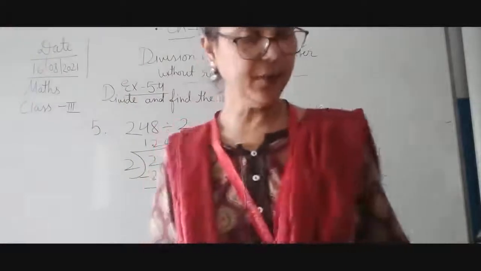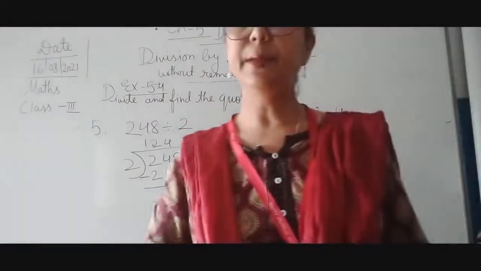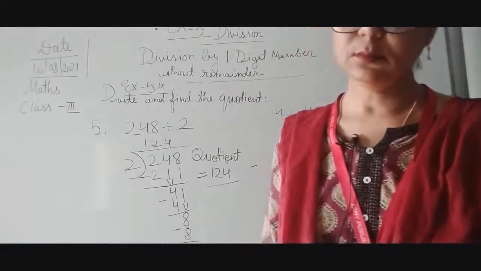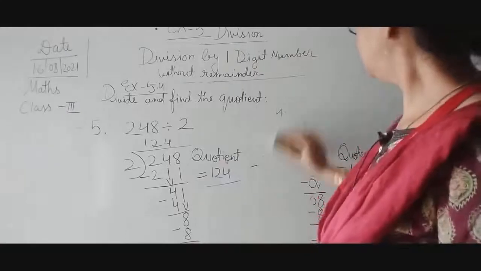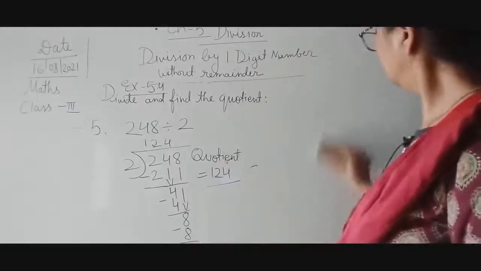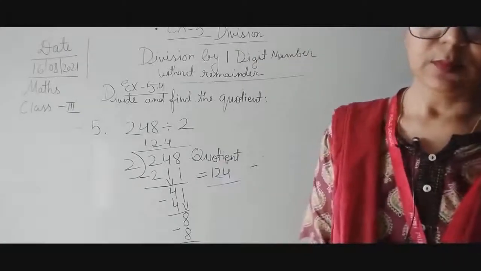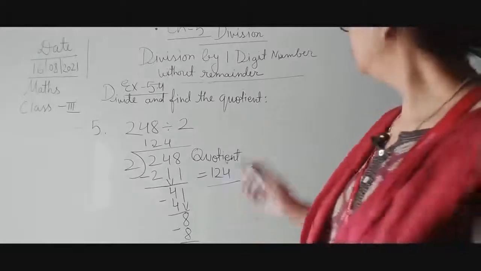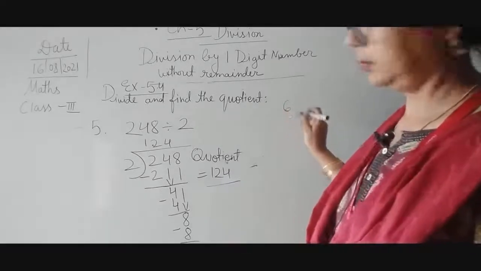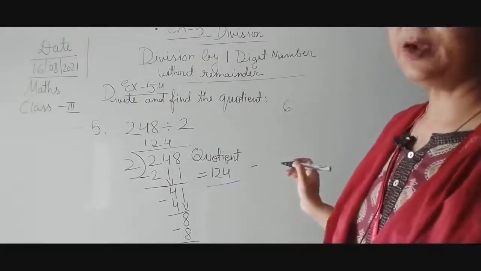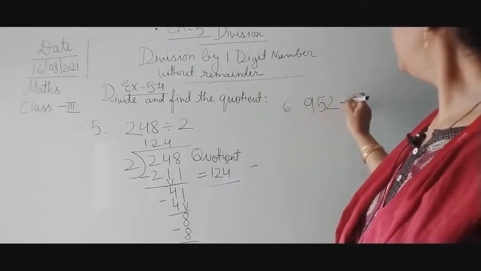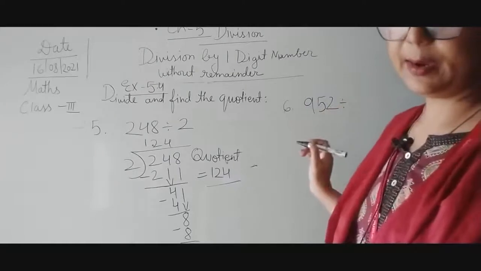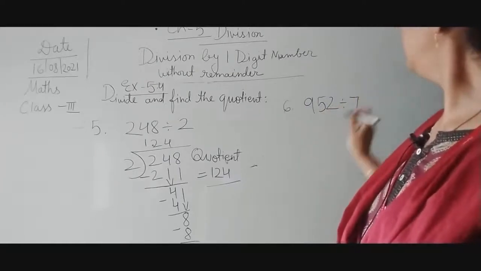Now after that we are moving to number 6. Okay, number 5 we have done. Now number 6 we are going to do. Number 6 is 952 multiplied by 7.